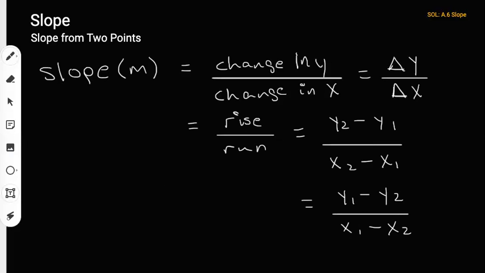So let's look at the first example on the next slide. So for this first one, what I want to do is I want to take 2 points and I want to use the formula to figure out what the slope of the line that goes through the 2 points is going to have. And our first example is going to be the point 18, 7.